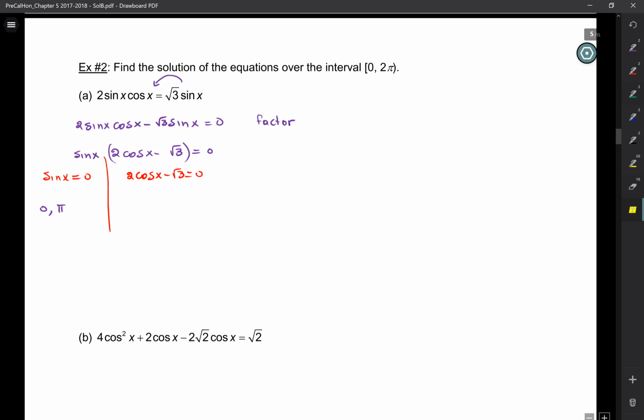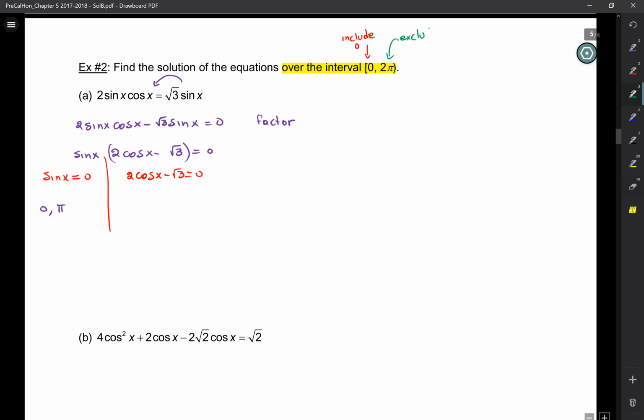Now, let's take a look at our domain. This says find the solution of the equations over the interval 0 to 2 pi. That means we're not going to keep going plus n pi. It's just from 0 to 2 pi. Now, these brackets and parentheses mean include the 0, but don't include the 2 pi.